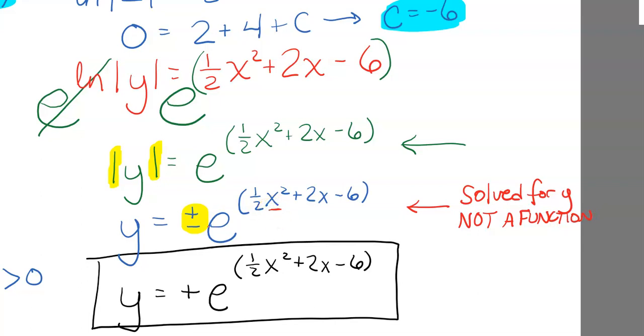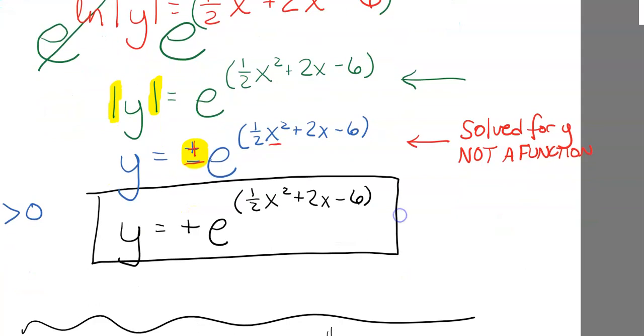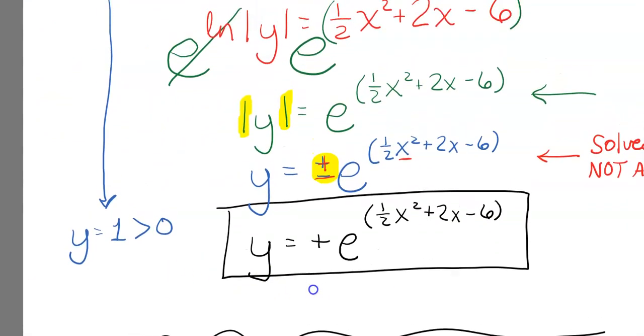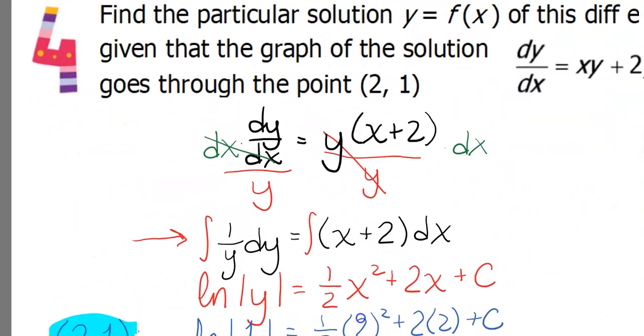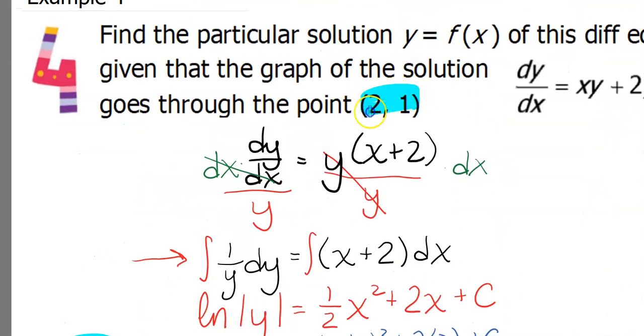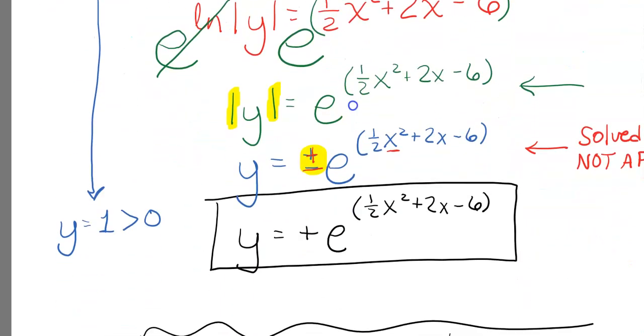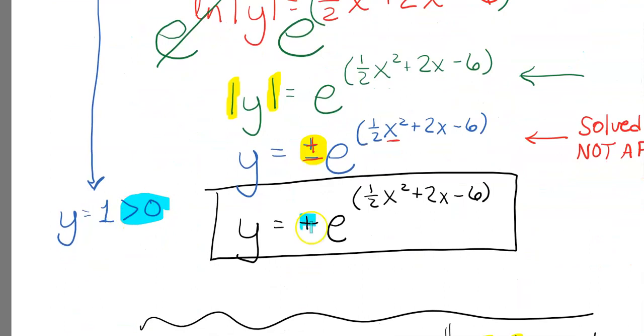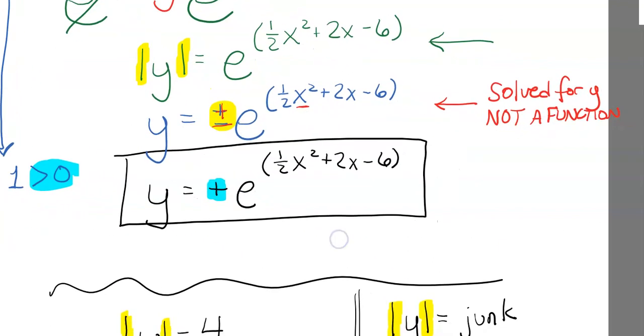One x value gives me two different y values, a positive and a negative. As we did before, I just have to pick one. The initial condition, (2, 1), tells me to pick the positive side. And now I've solved it for y, and I am left with a function.